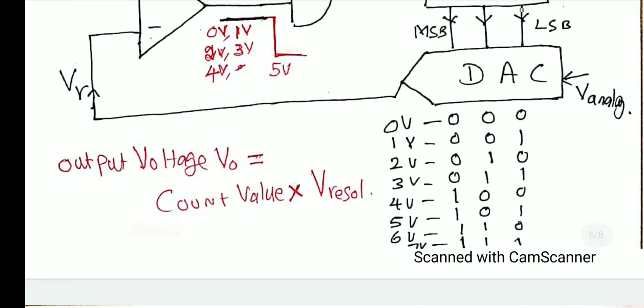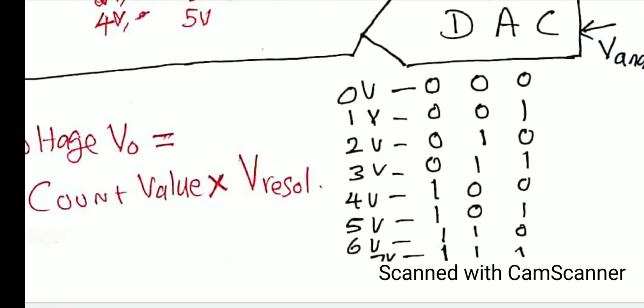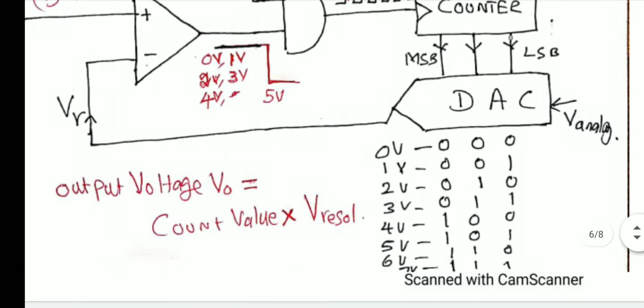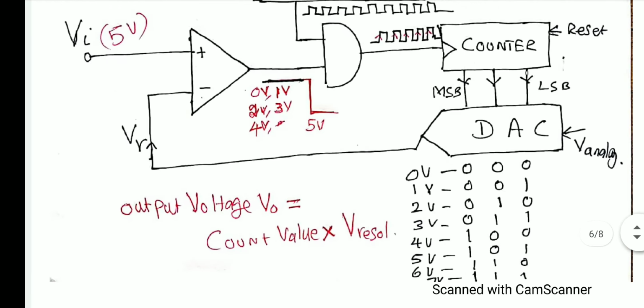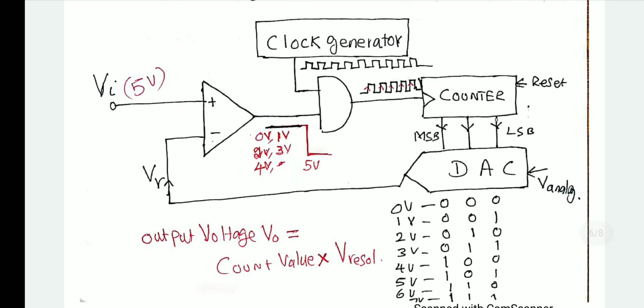When the input is all ones, the output is 6 volt. Let us assume the resolution of the digital to analog converter is 1 volt. That means for every successive digital input increment, the analog output increments by 1 volt. Okay, now let us try to understand the working of this digital ramp voltmeter.